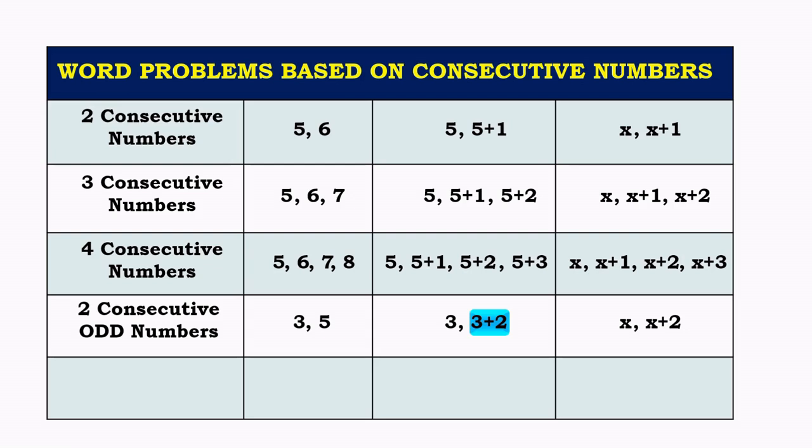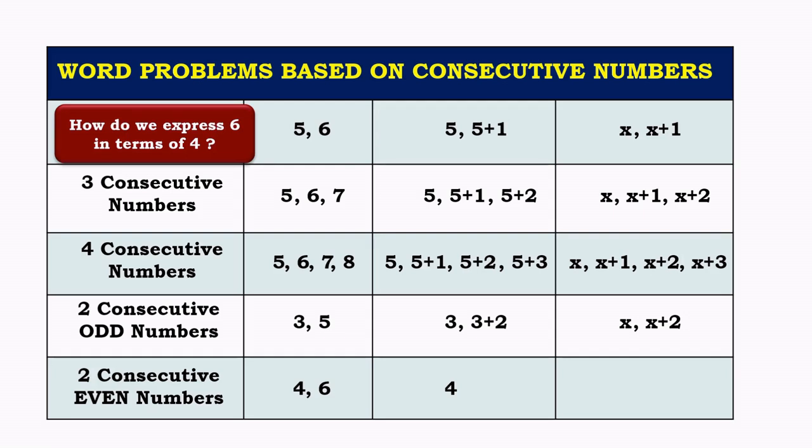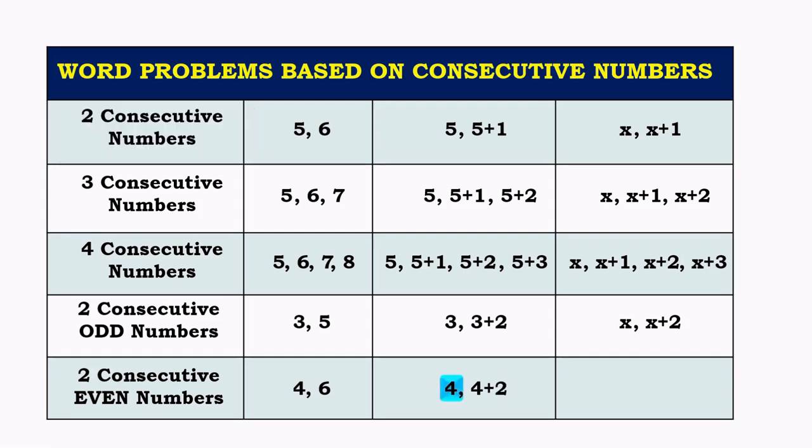The same idea applies to consecutive even numbers. For example, 4 and 6. Again, the difference between them is 2. So, if the first even number is x, the next consecutive even number will be x plus 2. Therefore, two consecutive even numbers are also represented as x and x plus 2.